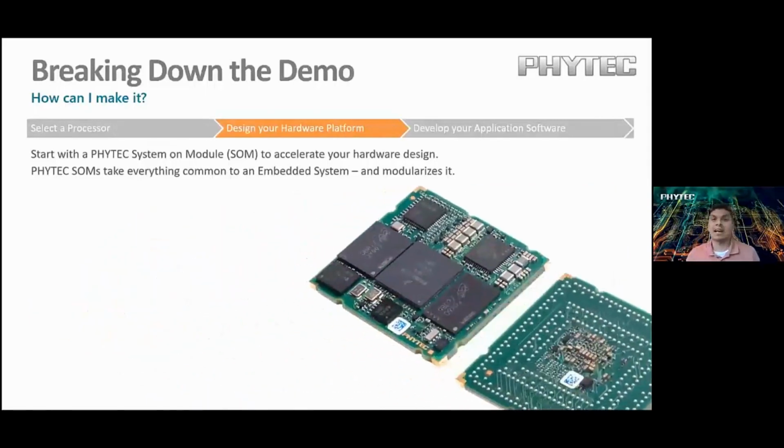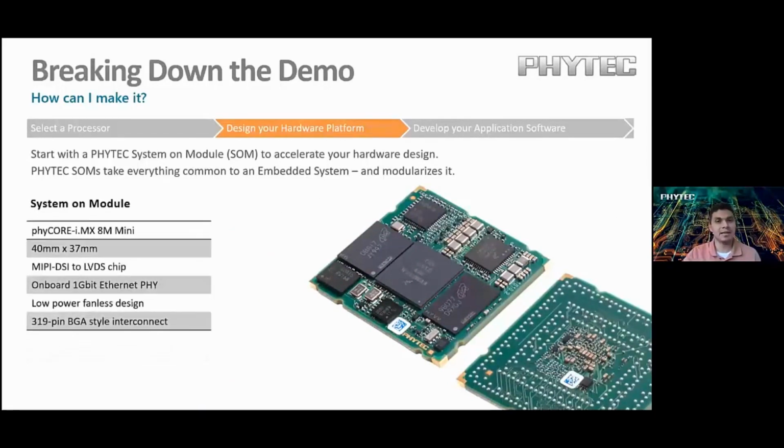PHYTEC has an i.MX 8M Mini-based System on Module. This is under our phyCORE family of products. The phyCORE i.MX 8M Mini is a compact design packed with features. It's a 40 by 37 millimeter PCB.